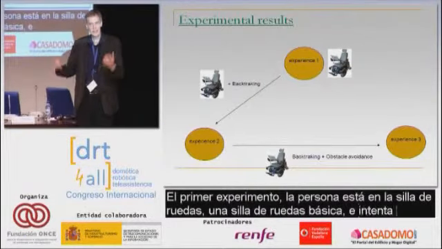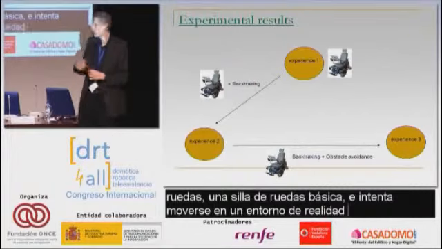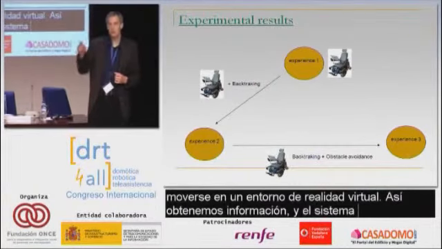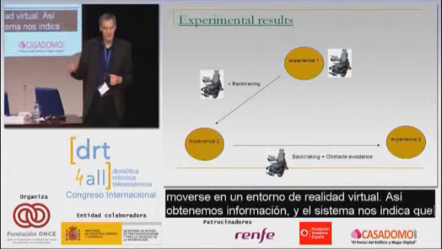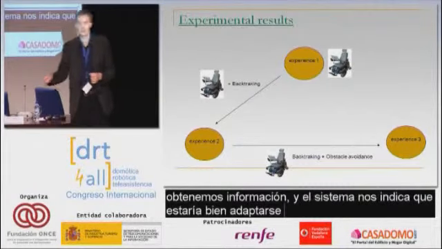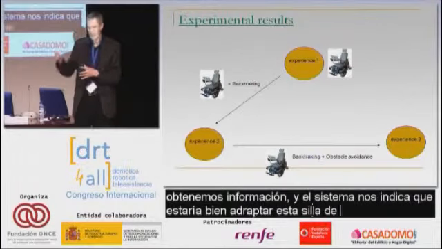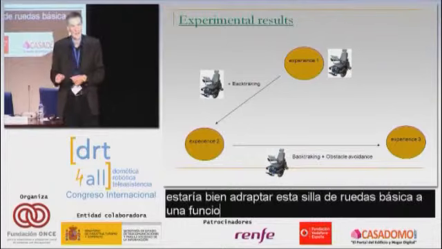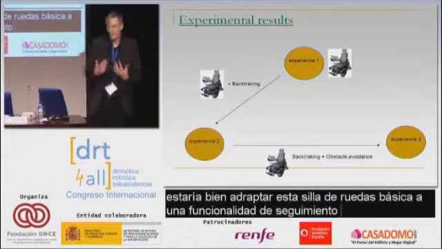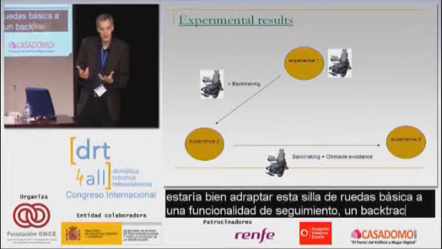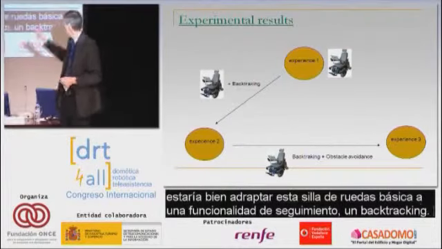And then we get information, and the system tells us that it is good to adapt to this basic wheelchair a backtracking function. And then we put the backtracking virtually on the virtual wheelchair, and the person goes in the virtual environment again. And then it is experience 2.